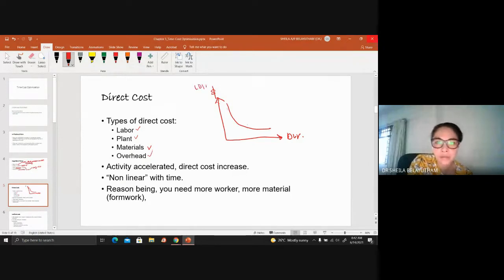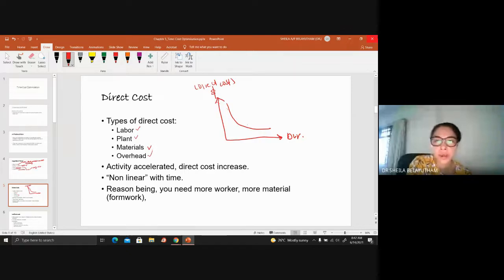Why? Because you are pumping in all the equipment, material, machinery, labors, a lot. When you're trying to shorten duration, you need to have that a lot. So in order to have that, your direct cost will increase.